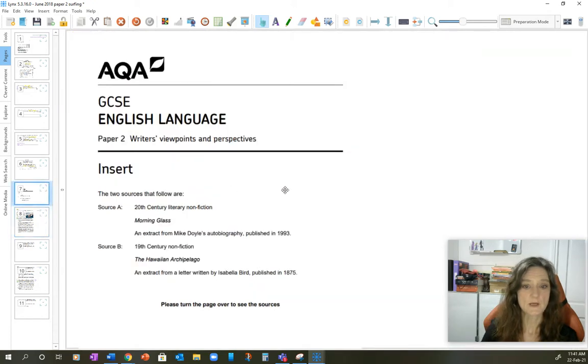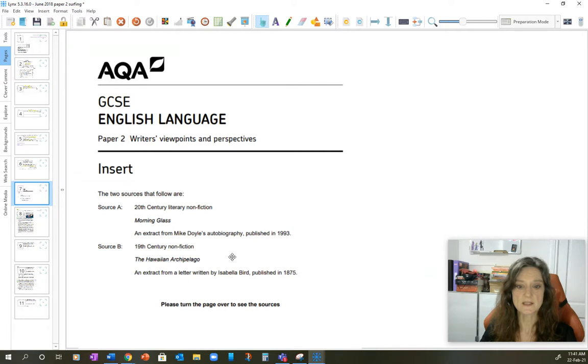Before we read the blurb, let's have a look at the blurb on the front of the insert. So our source A is our 20th century literature. So that means it should be slightly easier to understand, maybe. It's called Morning Glass, and it's an extract from Mike Doyle's autobiography, and it was published in 1993. So that's fairly recent. Source B is our 19th century nonfiction.